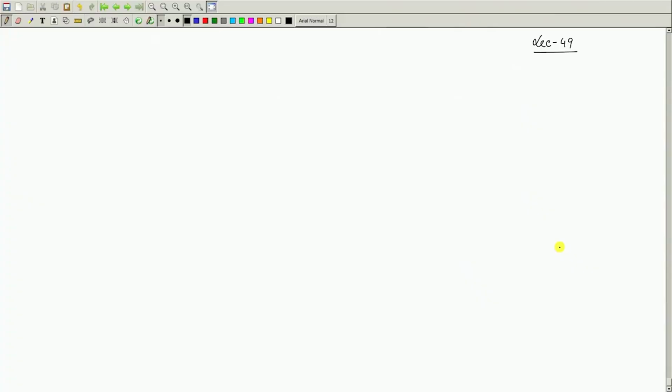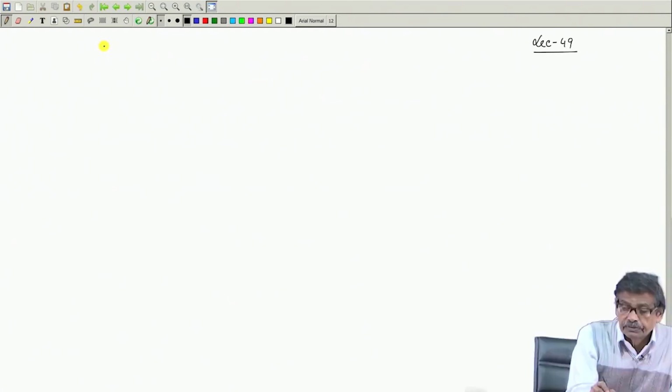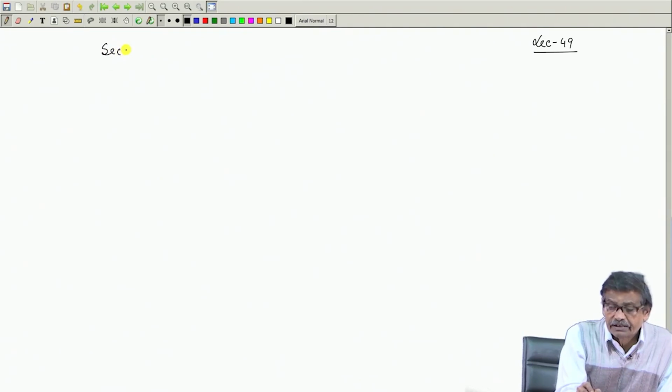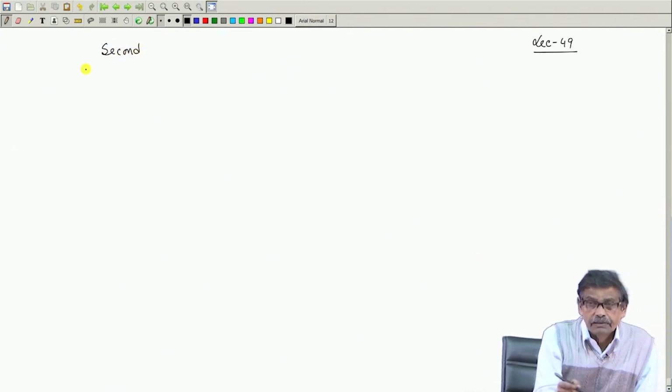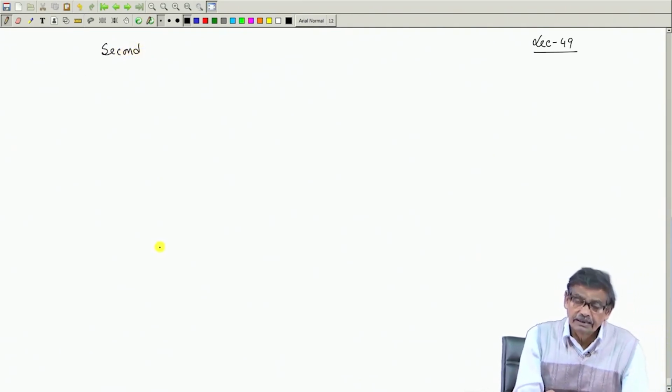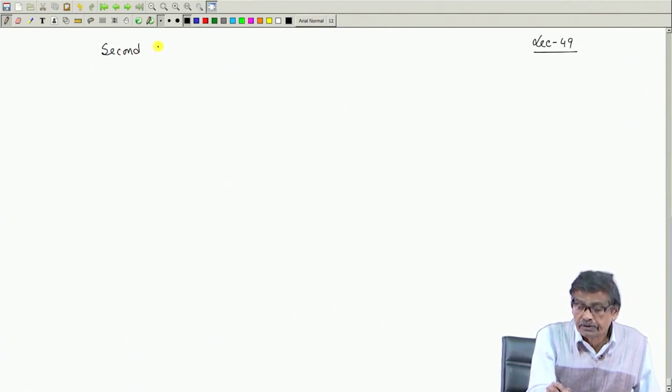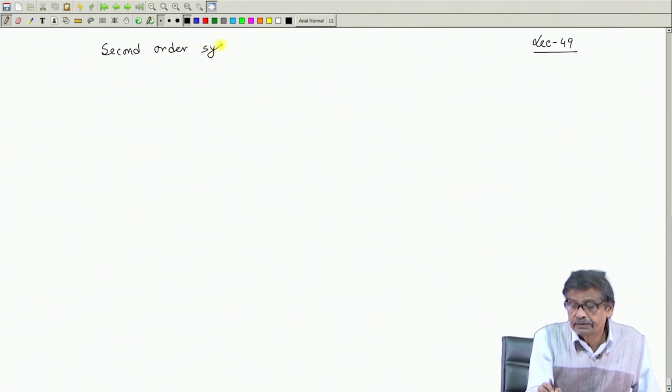But first, I will formally tell you how to analyze a second order system using Laplace transforms. We have in fact done a specific problem in my previous lectures, but now a general treatment of second order system analysis.